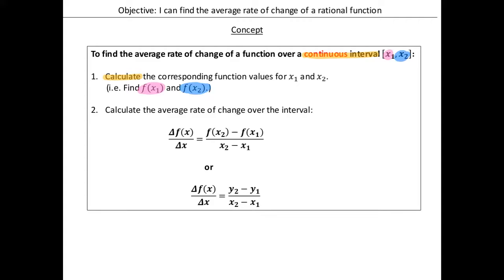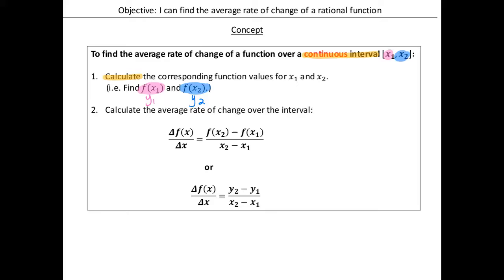But for simplicity, we're going to be calling them y1s and y2s instead of f of x's. So I'll do y1 and y2 instead of f of x's because I think that confuses students sometimes, okay?